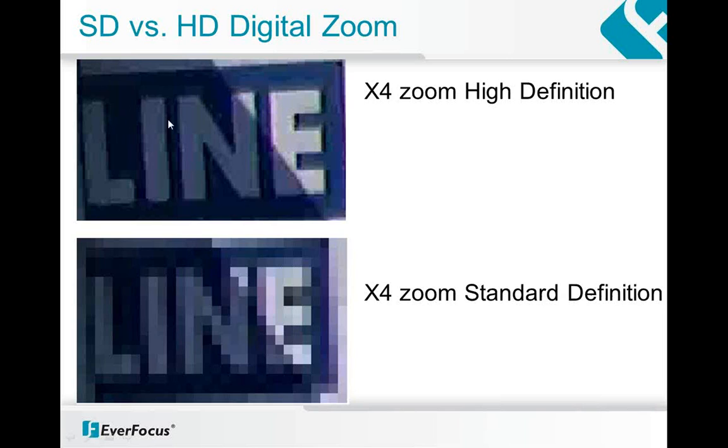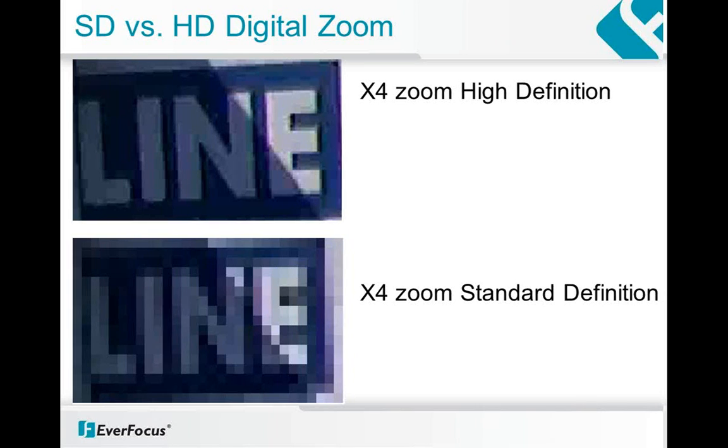So you'll see that there is less pixelation on the high definition camera because it has more detail, more information, more pixels to display during the 4x zoom, giving you a cleaner, less pixelated image when you're doing a digital zoom. So that's probably, for me, the number one advantage of using a megapixel camera.